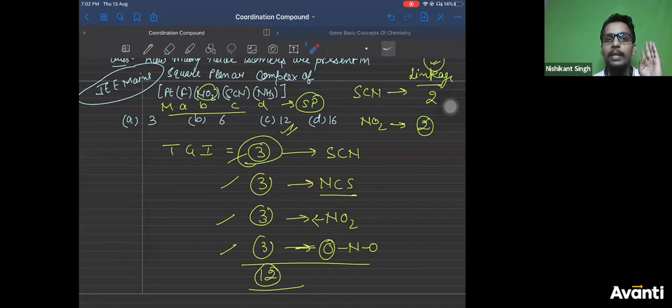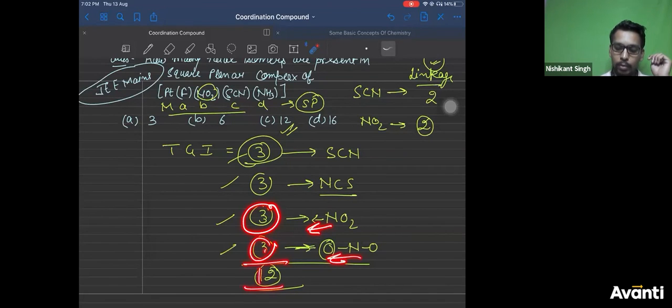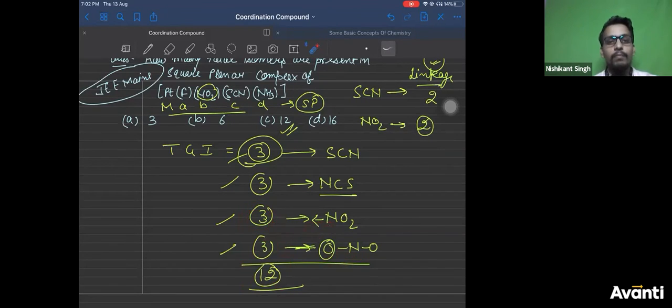We are considering them exclusive of each other. Right? So 3 with sulfur donating lone pair, 3 with nitrogen donating lone pair, and 3 with oxygen donating lone pair. Total isomers will be 12. ठीक है? That is what you will get.